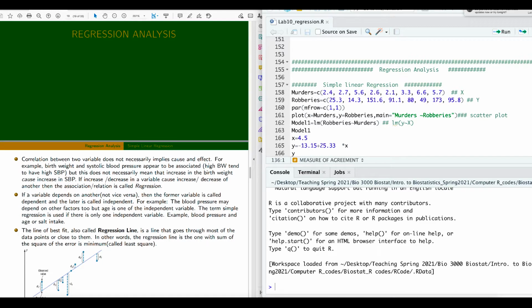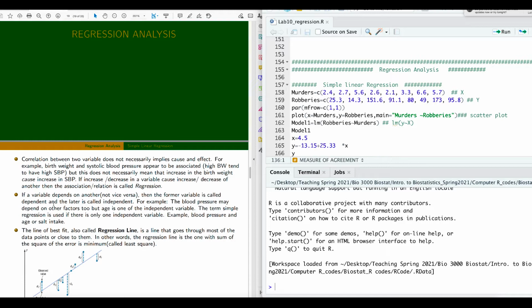If a variable depends on another, but not vice versa, then the former variable is called the dependent variable and the latter is called the independent variable. So if there are two or more variables given, and one depends on the other, for example, the weight of a person depends on the height.